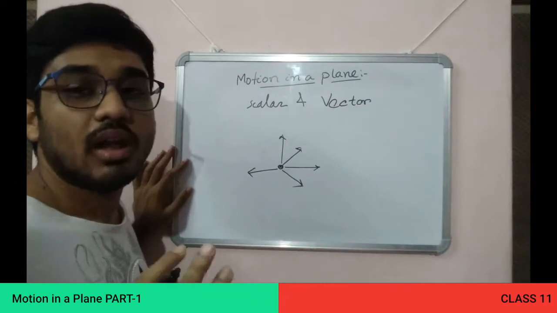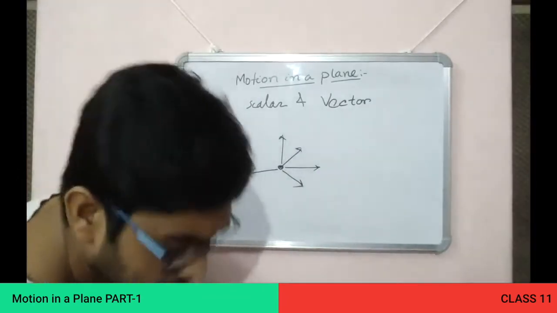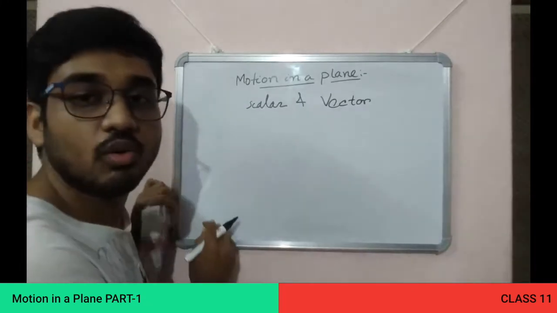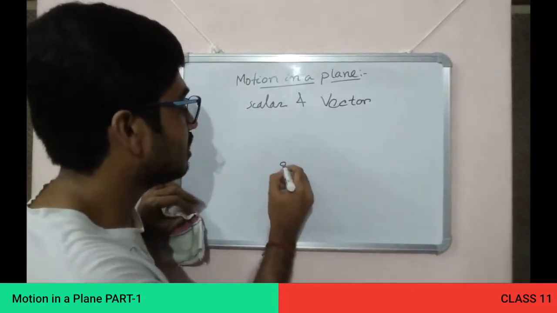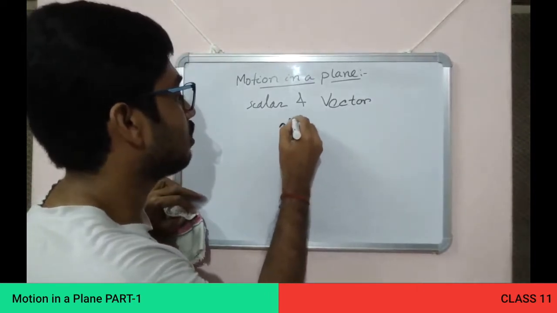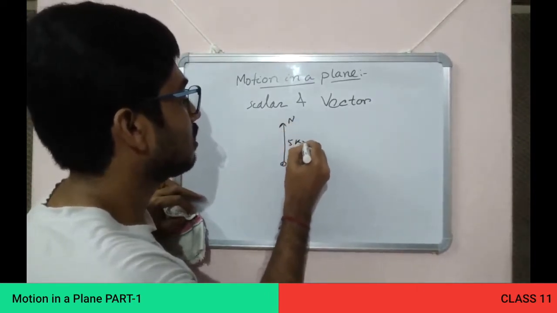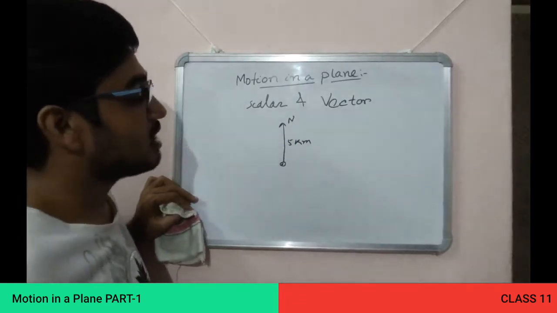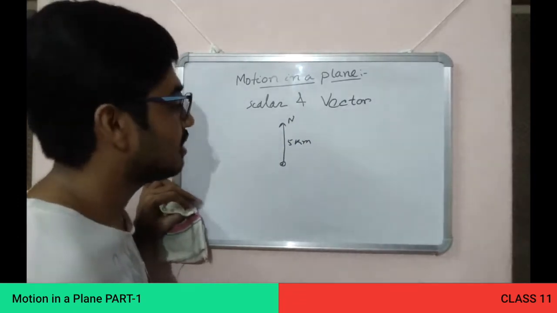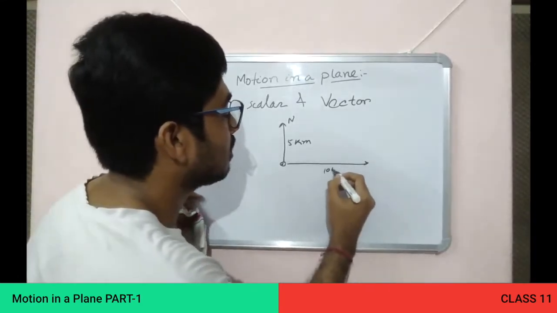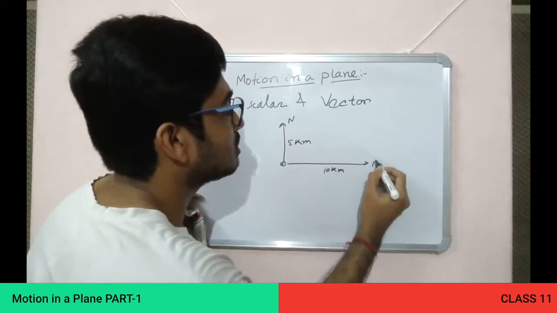He can travel in any direction. But if you ask him to travel 5 km towards north, then he must go 5 km toward north. If you ask him to travel 10 km towards east, he will travel 10 km towards east.